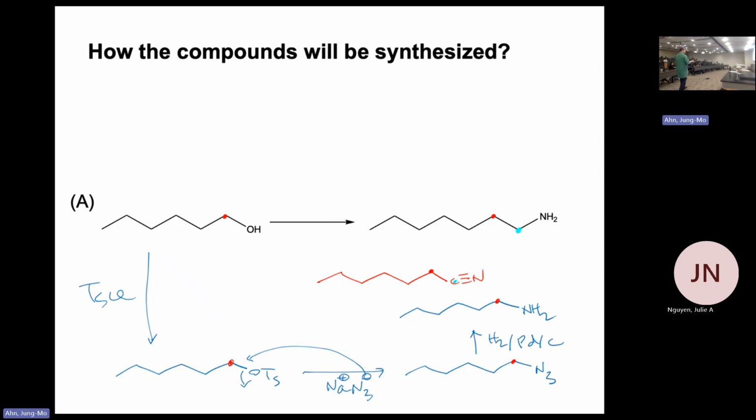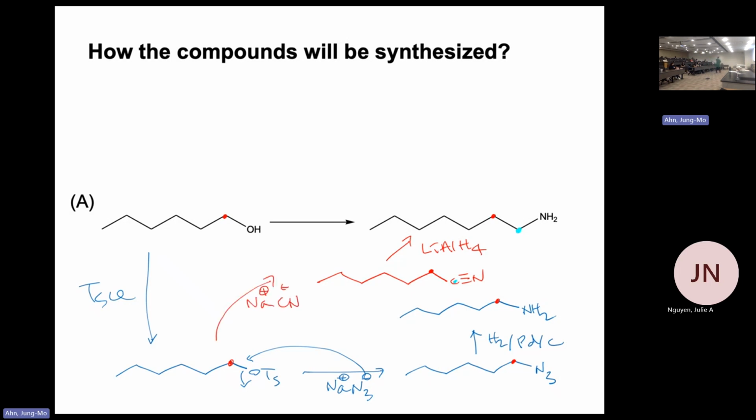Then instead of the azide, if you're using a cyanide to replace the tosylate, then you can make the nitrile, the right number of carbons. And then you only need to reduce that with lithium hydride, then you can make an amine with a one carbon extension. So that is something that you need to do.